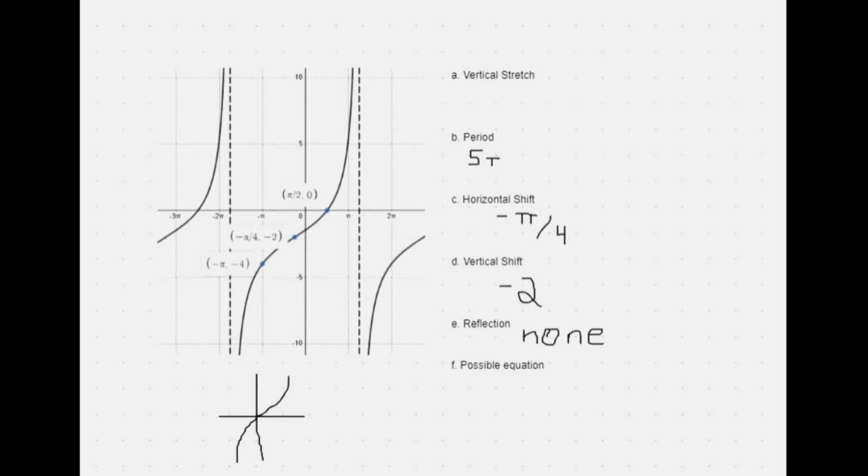And then what we're going to have to do is subtract whatever this is. It looks like, let's see, if we start here, it's negative 4 over 4 pi, and then negative 5 over 4 pi, negative 6 over 4 pi, and then negative 7 over 4 pi. So we're going to subtract negative 7 over 4 pi, or 7 pi over 4.